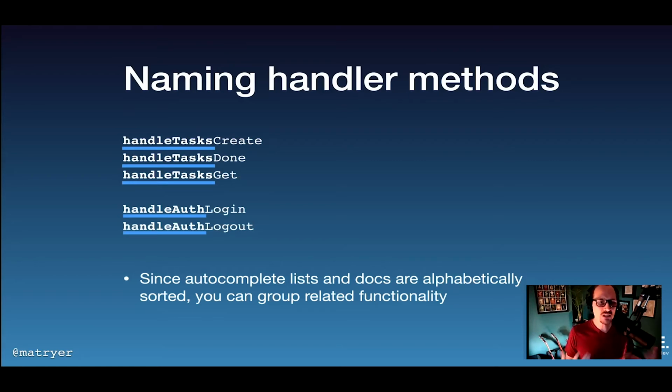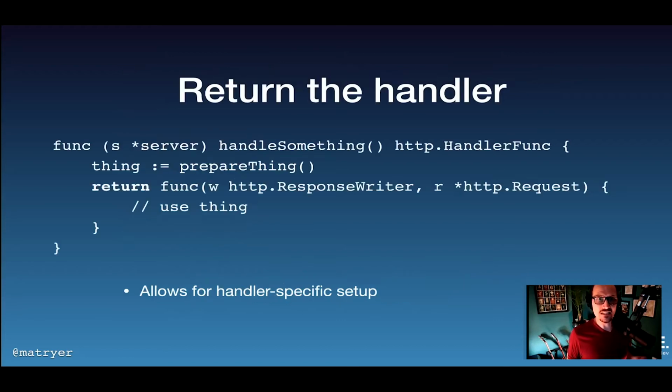I would probably say handle tasks done, handle login, handle logout. You could imagine others that are also auth related that you would have different names, and you don't want them to be scattered around. Because we're going to use them in the IDEs, and you get the little autocompletes, which is cool.